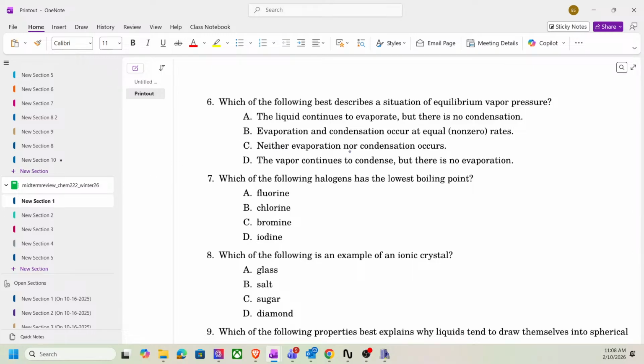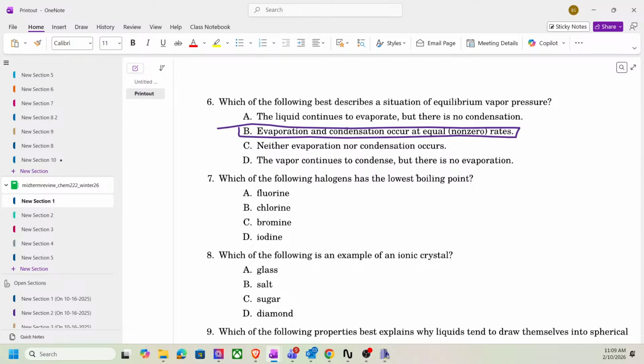Then neither evaporation nor condensation occurs, that doesn't make sense, because we do have molecules coming out and also coming in. And again, our vapor continues to condense but no evaporation, so no. They're going back and forth at equal non-zero rates. And I see chat agrees.